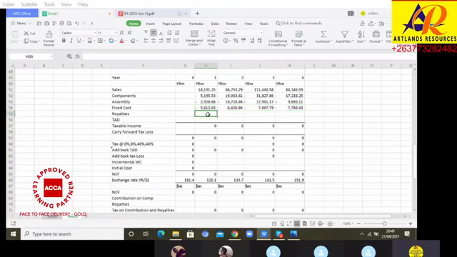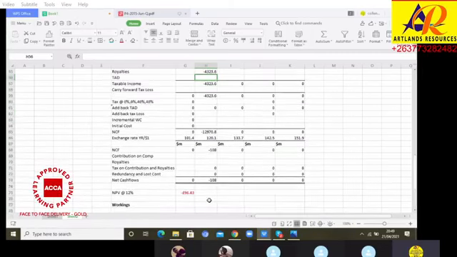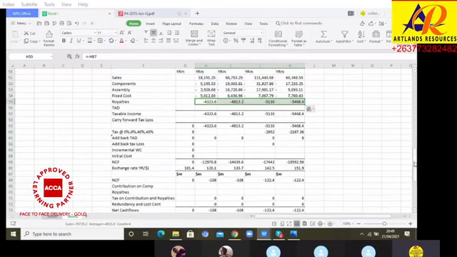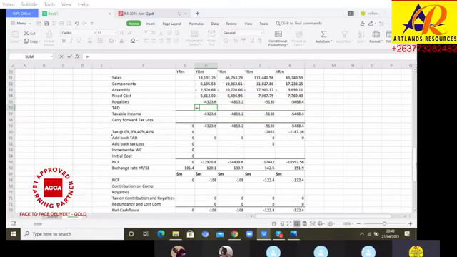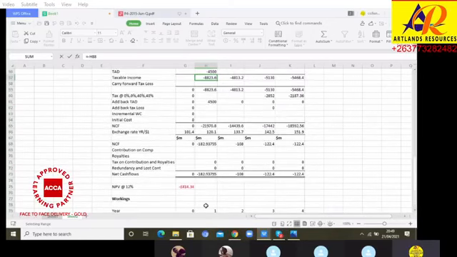Then royalties equals minus. Royalties equals minus. I come to royalties, enter. I drag. Then I say tax allowable depreciation equals minus. I come to tax allowable depreciation here, enter.